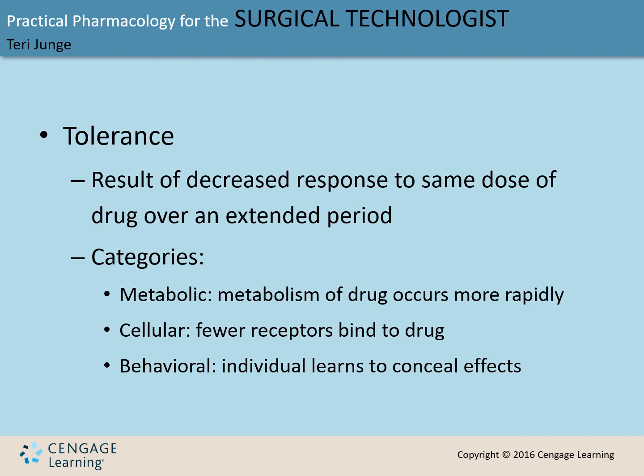Kind of makes me think of type 2 diabetes as well, with the cells becoming insulin resistant, right? And then the last one is behavioral tolerance, which is where the individual learns to conceal the effects of the drug, which again is less physiological than it is psychological.